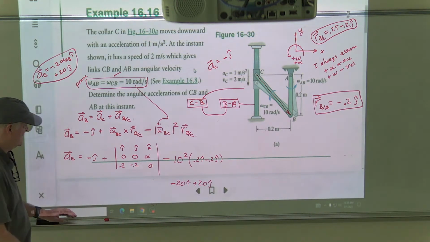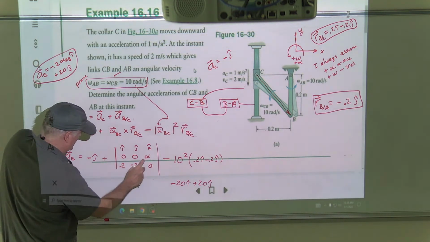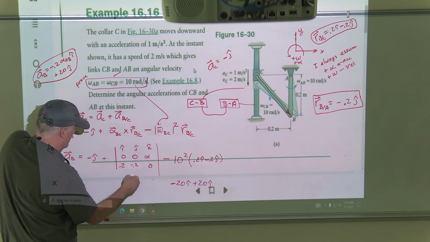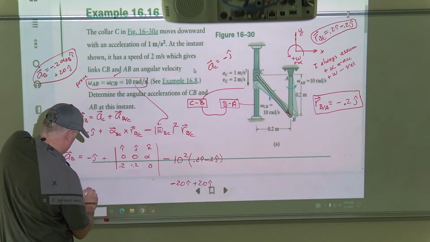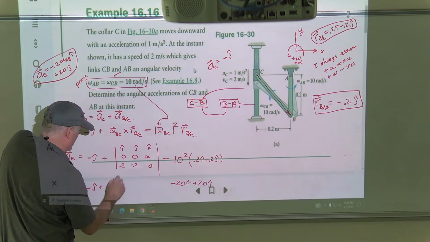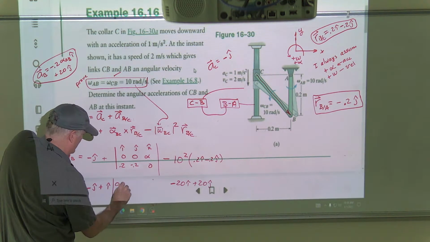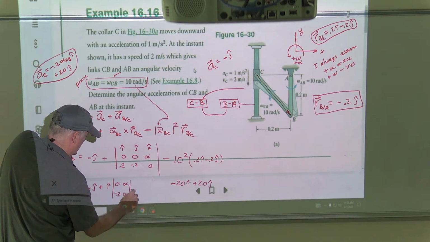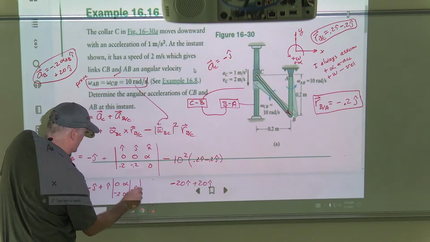Now, this time, the i component is going to get some, and the j component is going to get some. So here, plus. Now I'm just going to pull out the i component. Clear, and 0, alpha. And it's 0.2 of nothing. And minus j. It's going to be something funny that ends up out here.